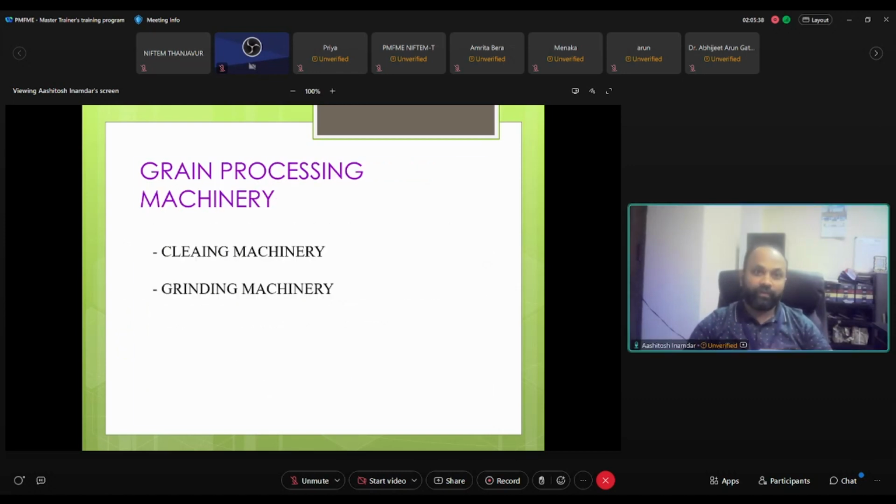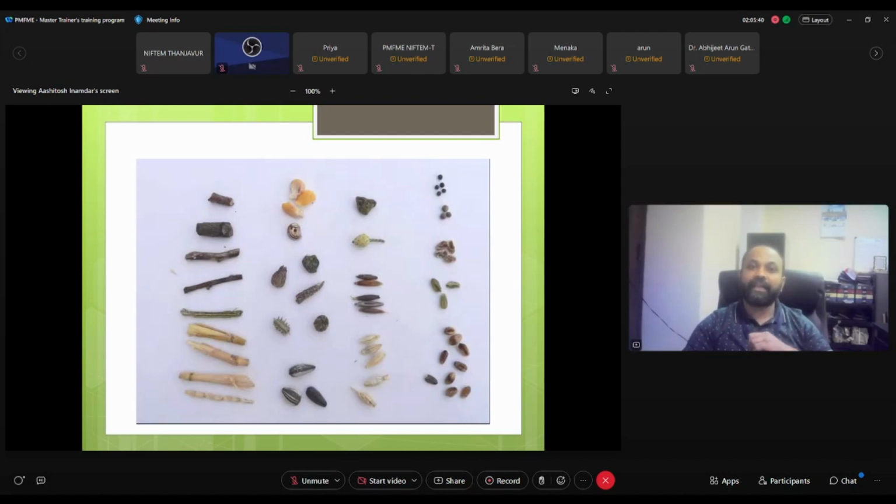Now if you see this slide here, these are the general impurities which are found. If you see these impurities, they are not of the same size, same shape, same color maybe, right? So all these impurities need to be handled using different equipment. It is not that one single equipment will take care of everything here, right?